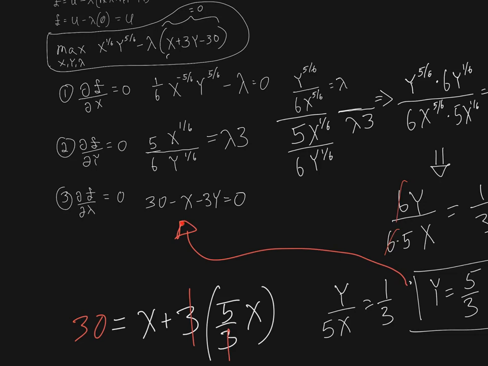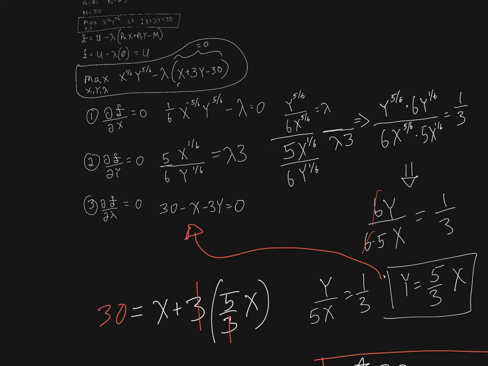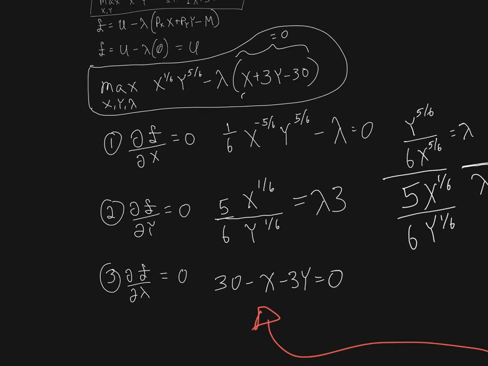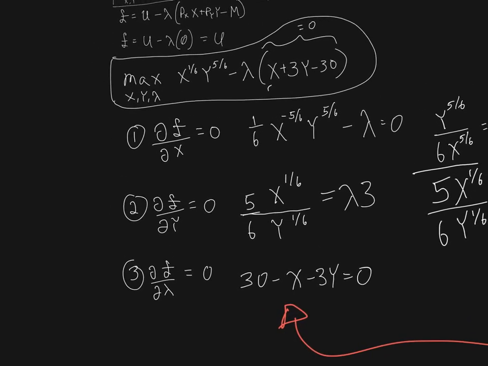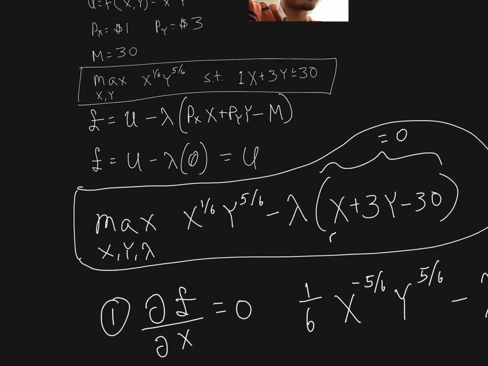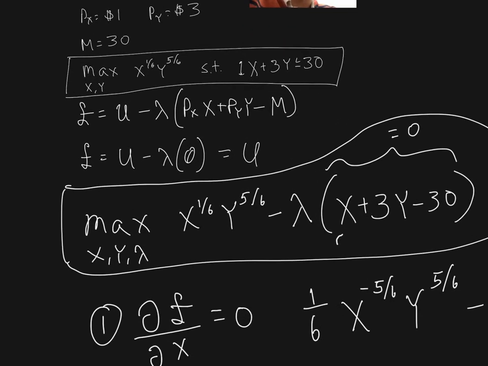Thus, we have found a combination of x and y which satisfies all three first-order conditions, which means it is maximizing the value of our Lagrangian, which is another way of saying it is maximizing our constrained optimization problem, which is the utility function subject to the budget constraint.